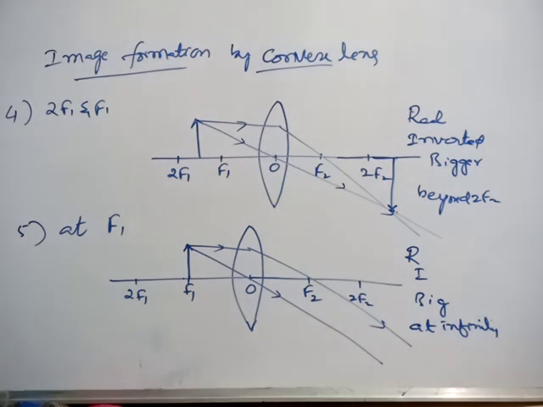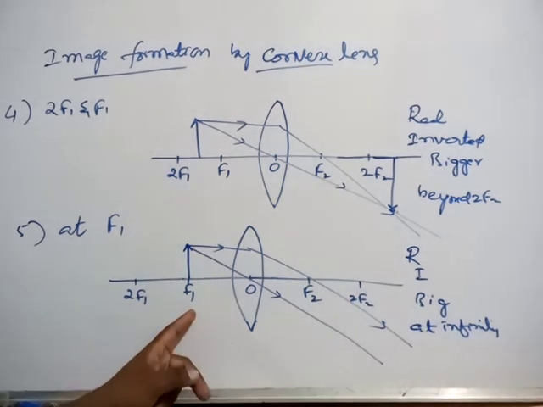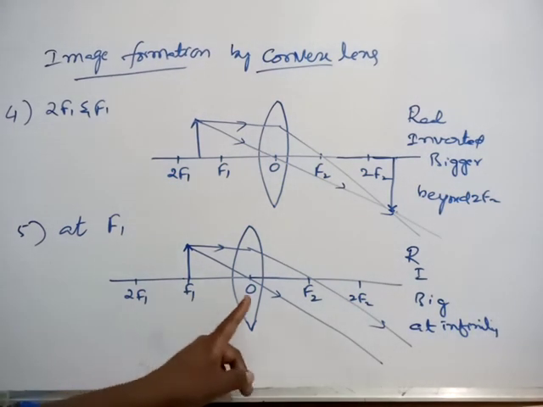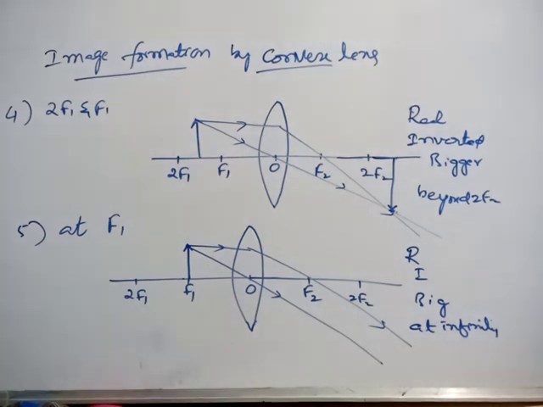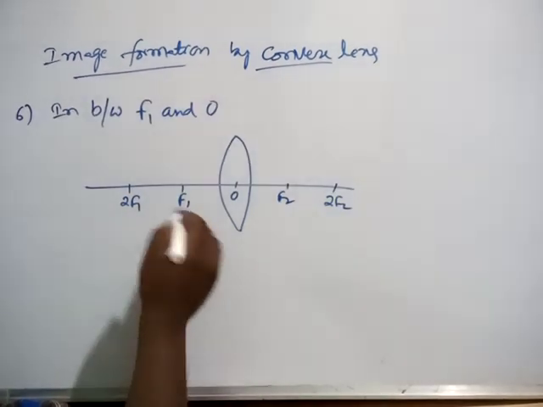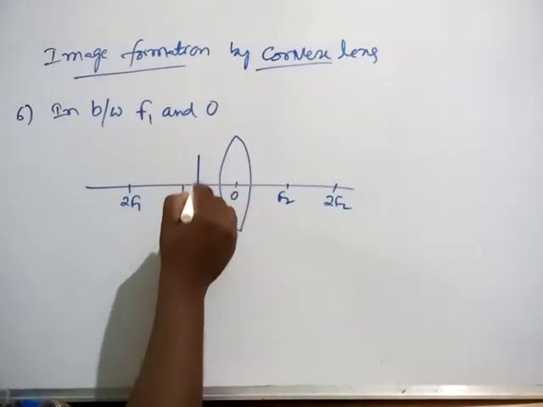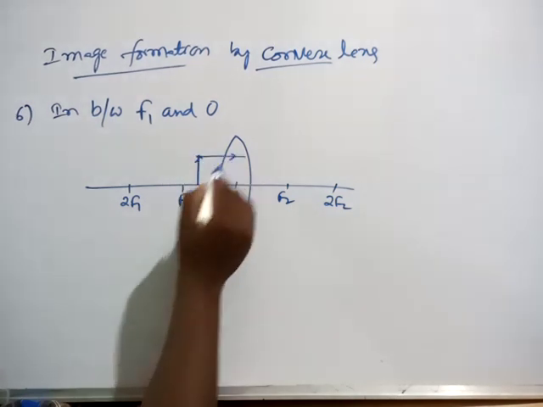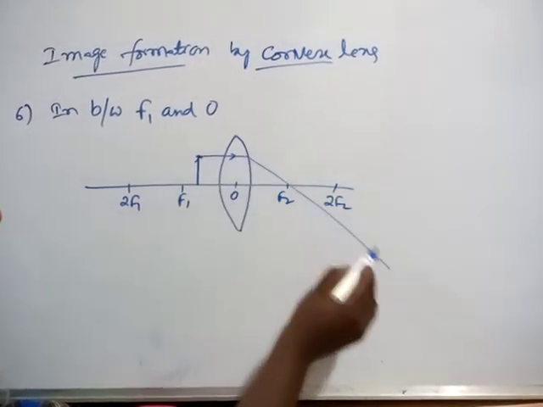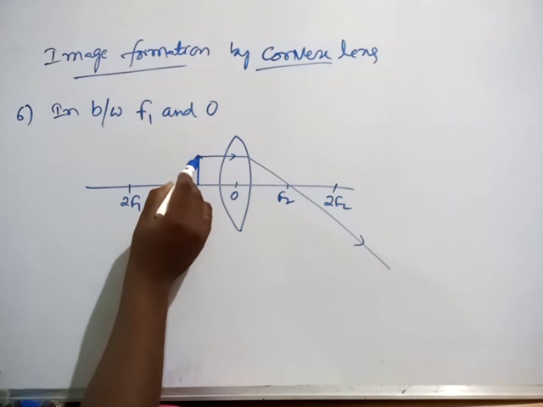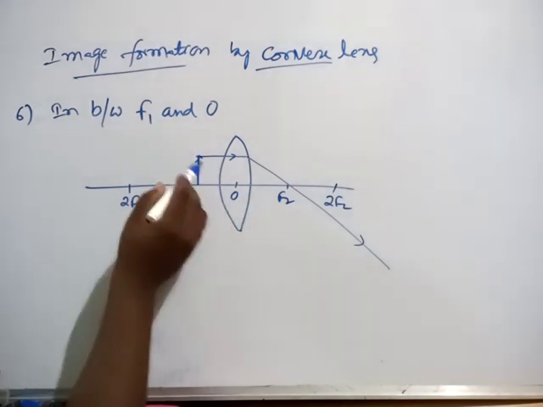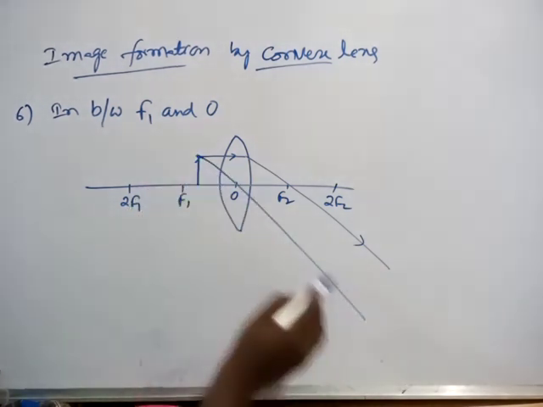Okay. And the last case, we have to shift the object in between F1 and the optic center. Place the object in between F1 and O, the parallel ray passing through the focus. The second one is through the optic center.